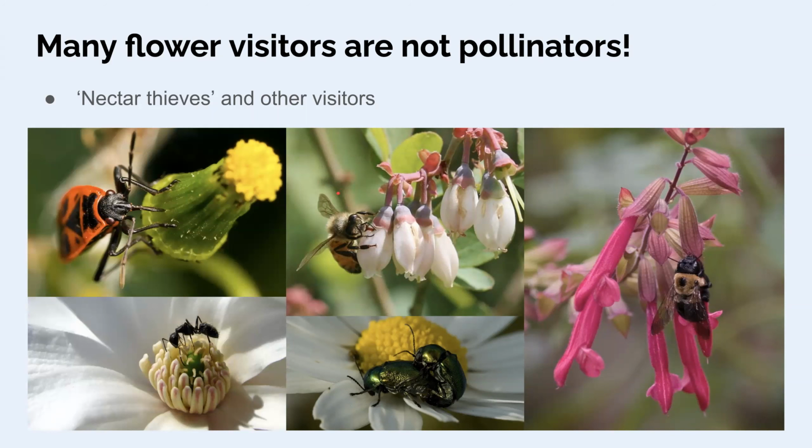Three of these images show us nectar thieves. This is a behavior called nectar thievery, where it's obvious that the animals, like this bee in the middle, this bee on the right, are going after the nectar part of that flower, and they actually pierce a hole in the side of the flower tube, and they're accessing the nectar. But what they're not doing is contacting any of the reproductive parts.